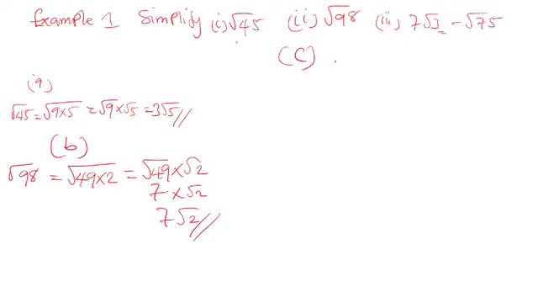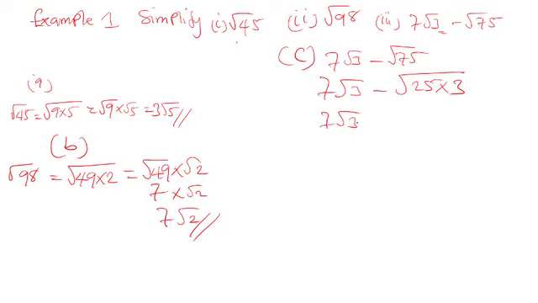Then what happens in the process where we have the C part of it, which is this 7 root 3 minus root 75. So this is 7 root 3 minus root 75, which is the same thing as 25 times 3. So this is 7 root 3 minus root 25 times root 3. Remember, this minus is for both.